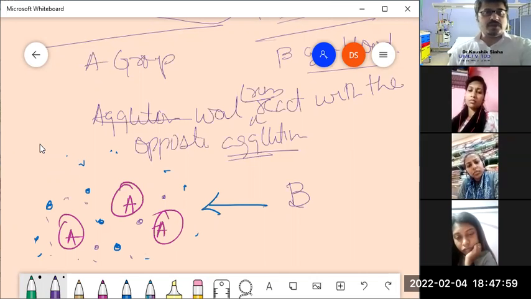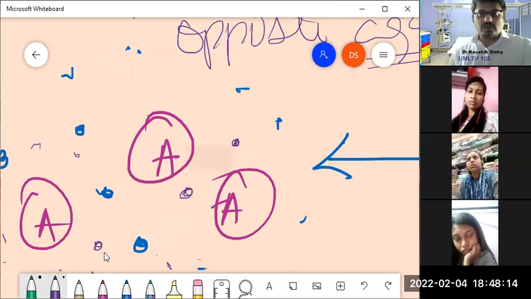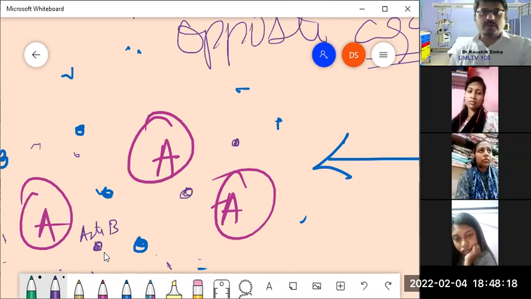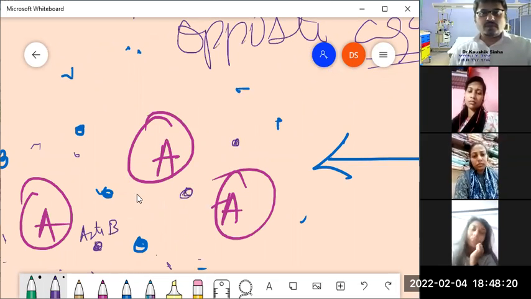So because B is having anti-B agglutinin. So in the positions of these blue colored dots will come now this, what color would I mention this of? This particular color dots, which represent anti-B agglutinin.